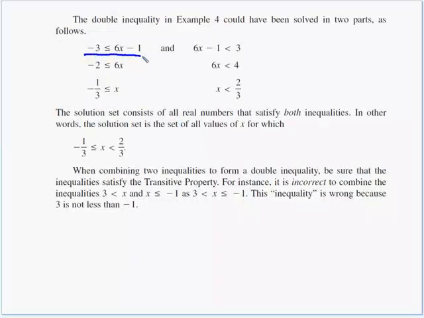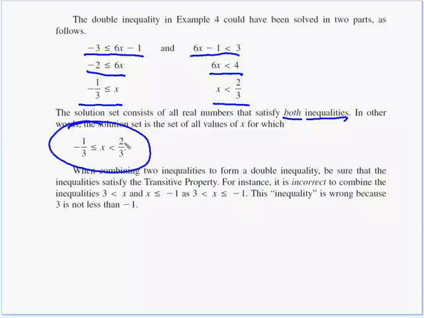They just broke it into two separate inequalities. And we could solve this one for x and get negative a third is less than or equal to x. And here we solve exactly the same and get x is less than 2/3. The solution set consists of all real numbers that satisfy both of these inequalities. In other words, the solution set is the set of all real values for which this is true.